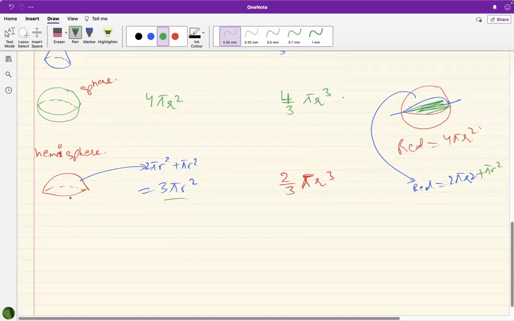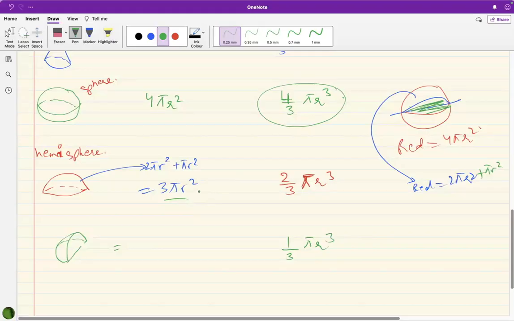Now the quadrant, the fourth part of this. Let me try and draw. Straight away the volume is 1/4 of that: 1 by 4 of the complete, which we can simplify to 1 by 3 pi r cube.